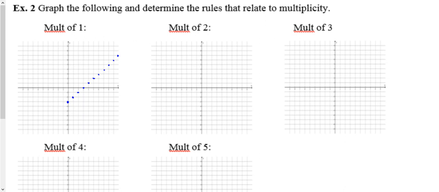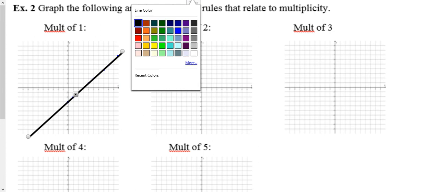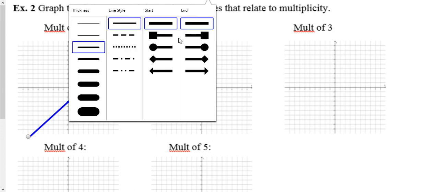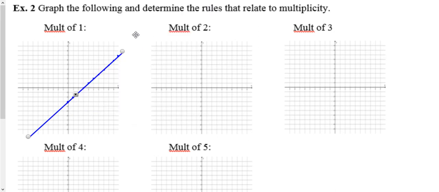Because if you connected your dots here, it forms a straight line, and we're only crossing our x-axis one time. And I'm just going to change color and make it just slightly thinner so that you can see our coordinates. There we go. And of course there should have been arrowheads on each end of this as well, just to finish it off.